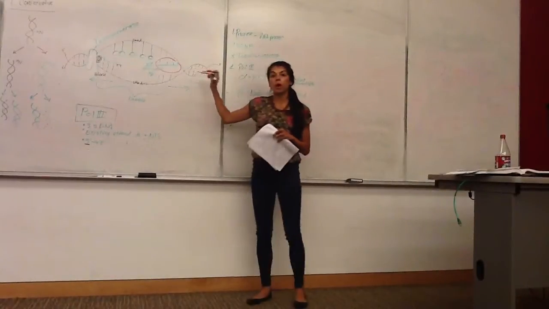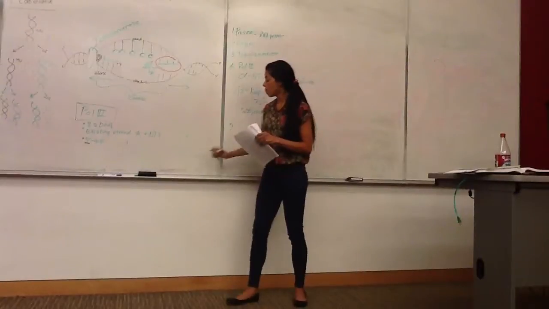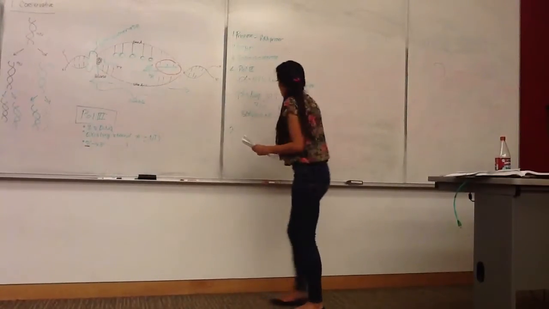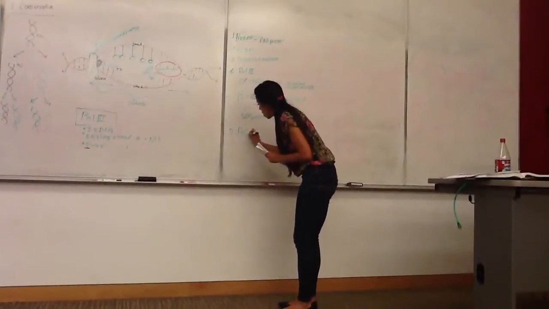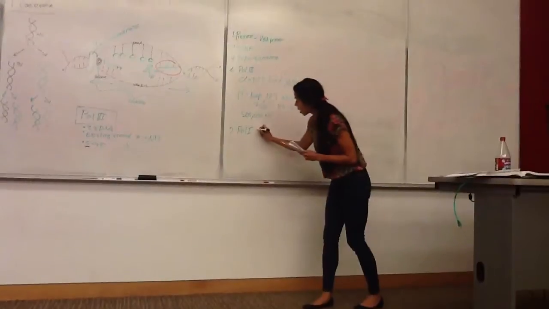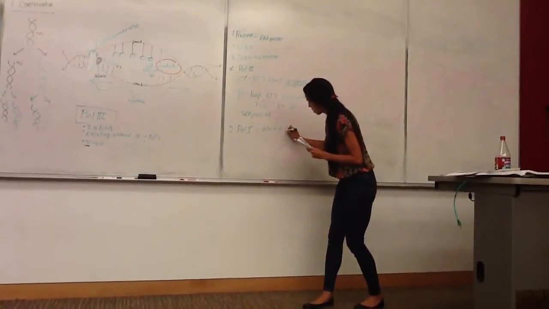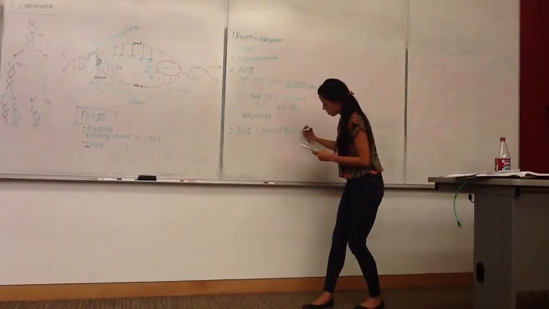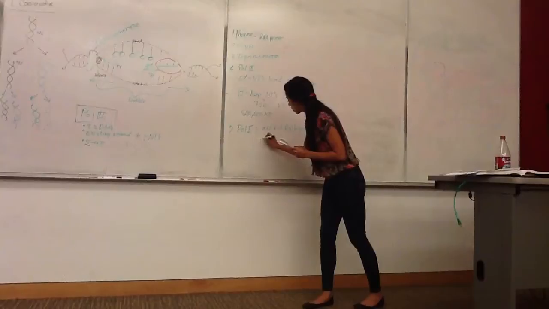We need to get rid of that RNA primer and fill it in with DNA. And so the protein that does that is in fact called polymerase 1. Okay? So its job is to get rid of the primer and then fill in with DNA.